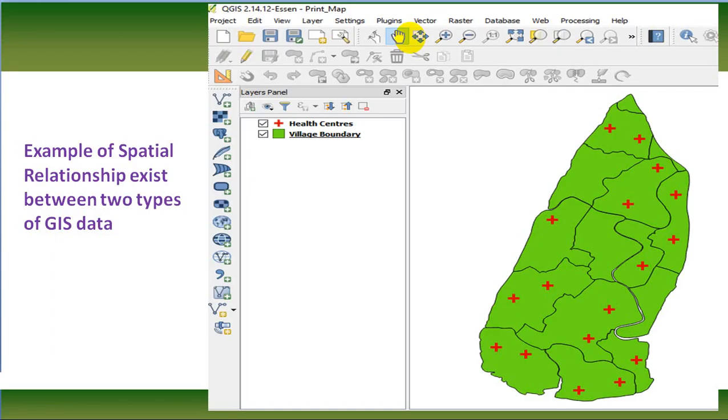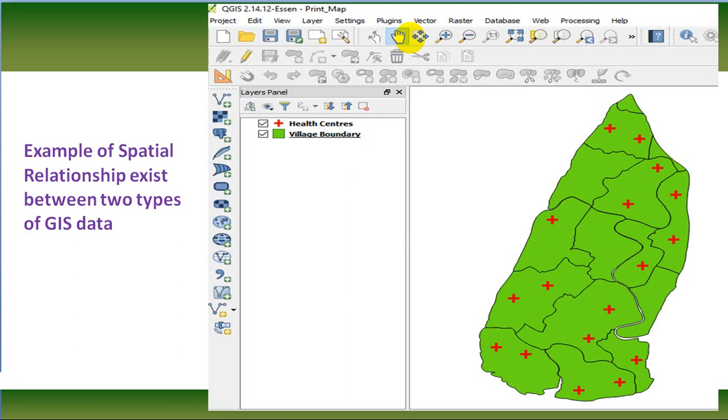Now you see, in this particular geographical data that I have shown in front of you, there are two types of geographical data. One is a few locations of health centers, and another one is the village boundary. So you know both are geographical data. Health center is geographical data. Village boundary is geographical data.